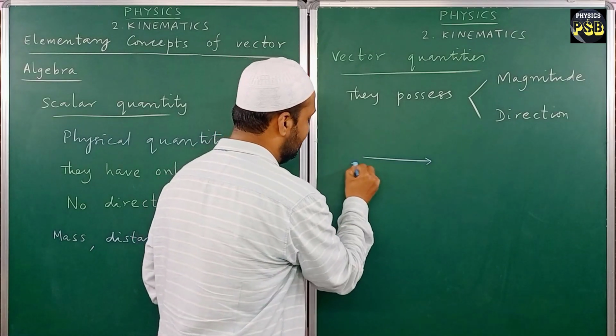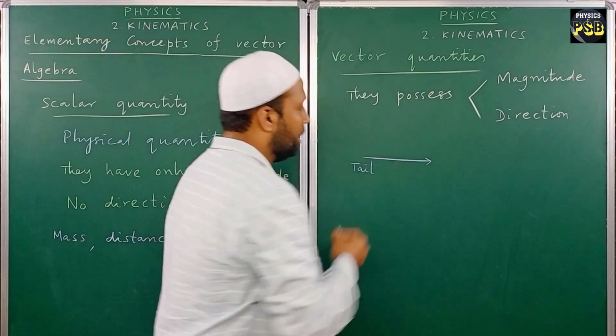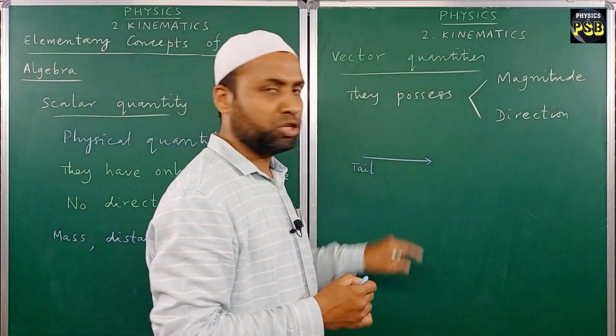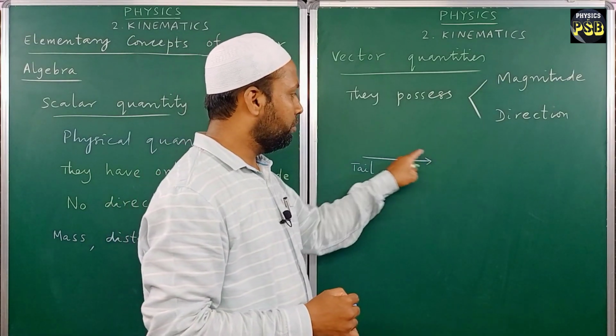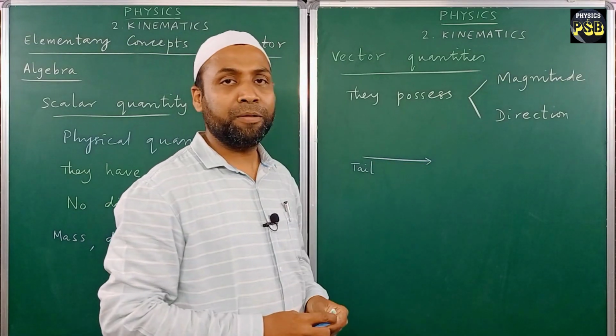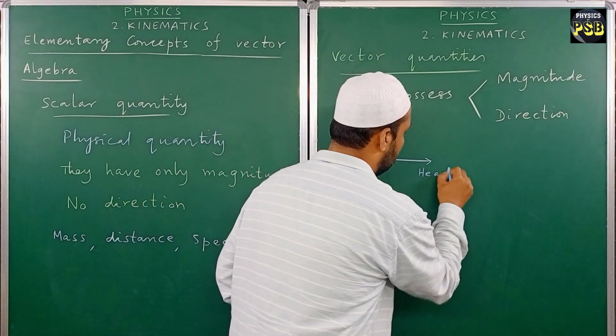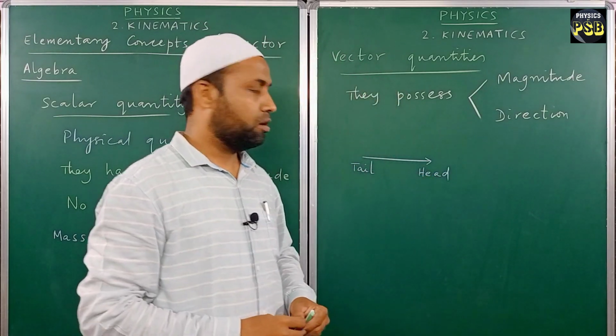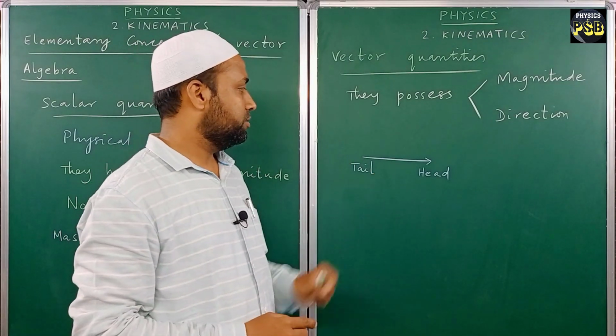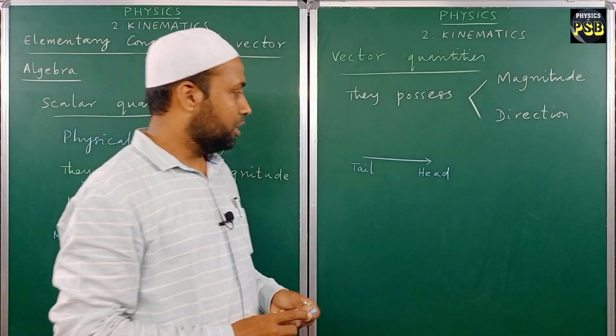We call this one the tail. And this portion where the arrow mark is present is referred to as the head of the vector or vector quantity. Clear? I hope I have made it understood.